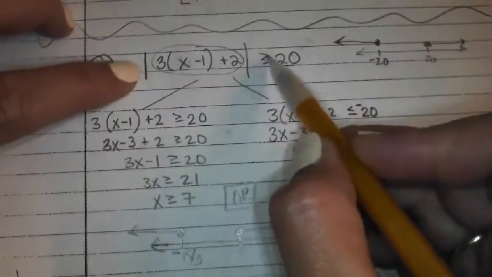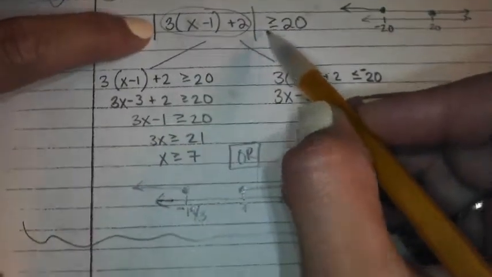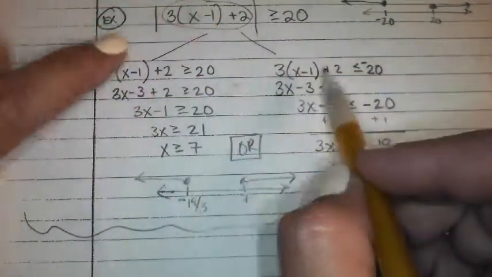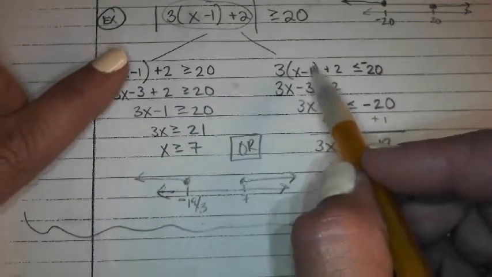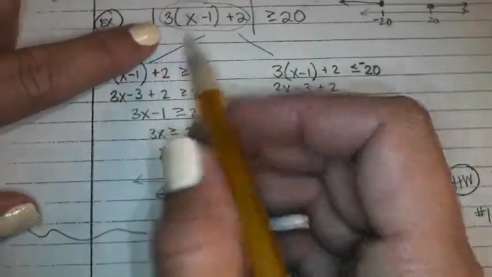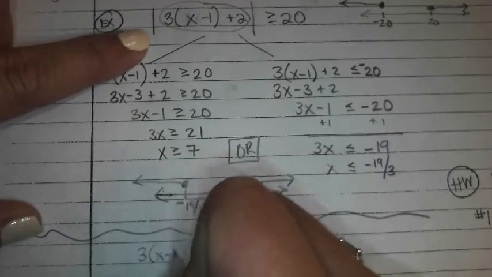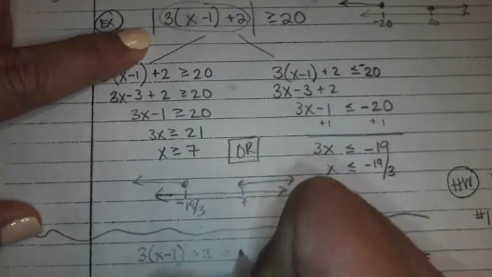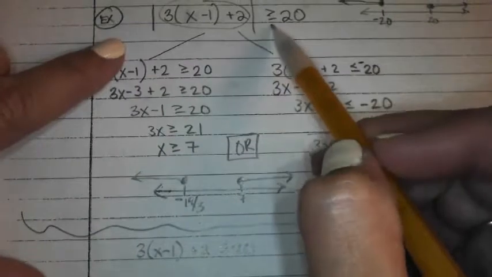If I had had the less than or equal to 20 as my starting, I could still break it up into two separate ones, even though we didn't on the front side. I could say that 3 times x minus 1 plus 2 is less than or equal to 20, so it would have been kept the same.